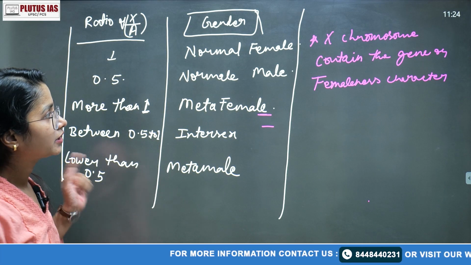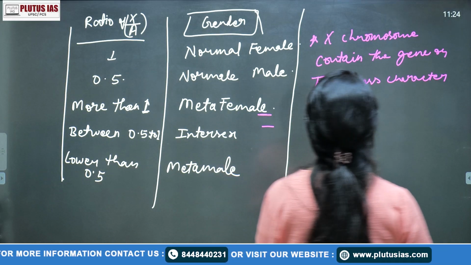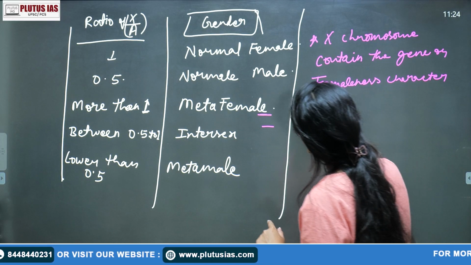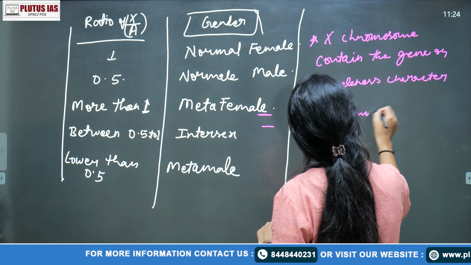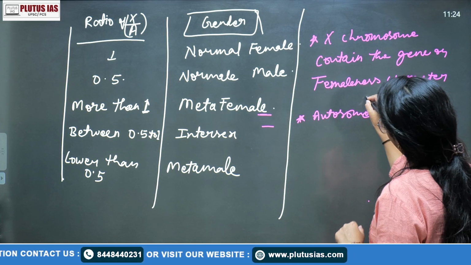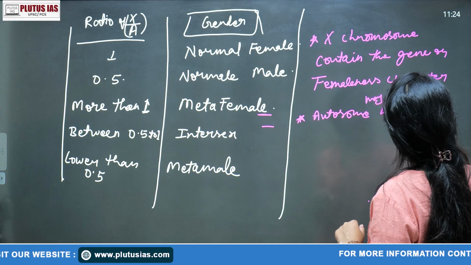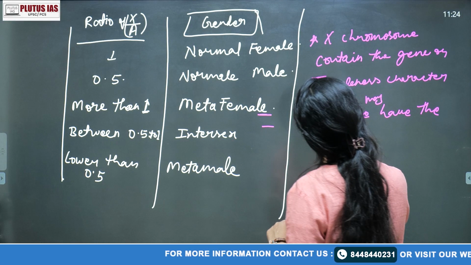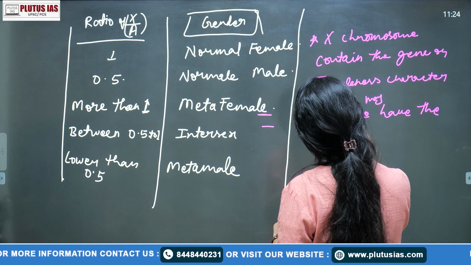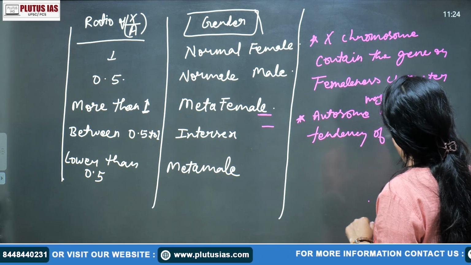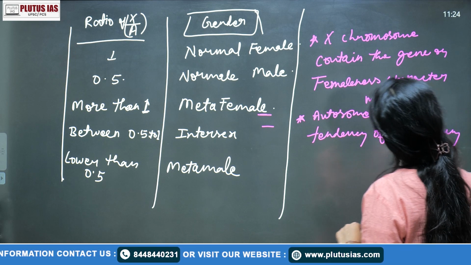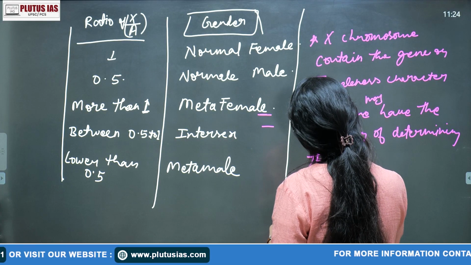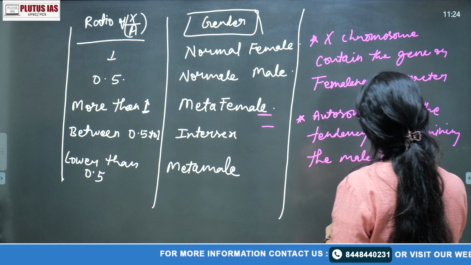So can we say that the X chromosome contains the genes for femaleness character, and autosomes may have the tendency for determining the male character? Yes, of course we can say that.